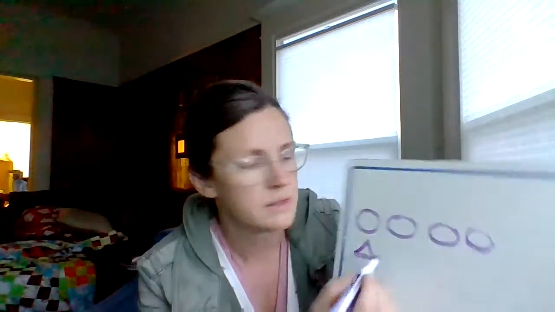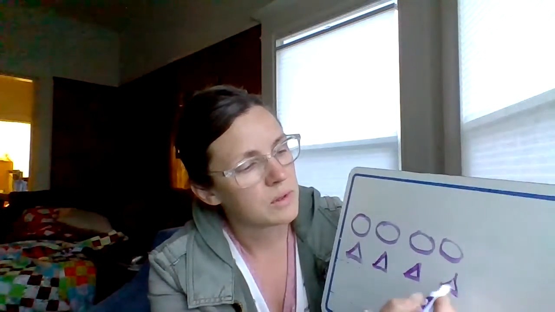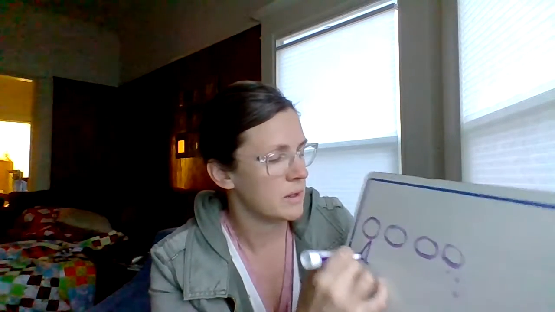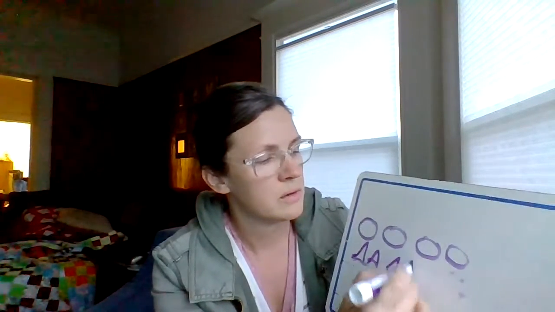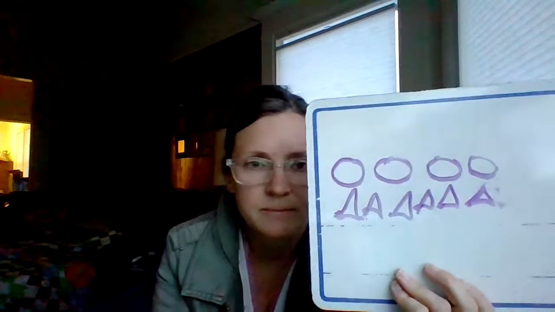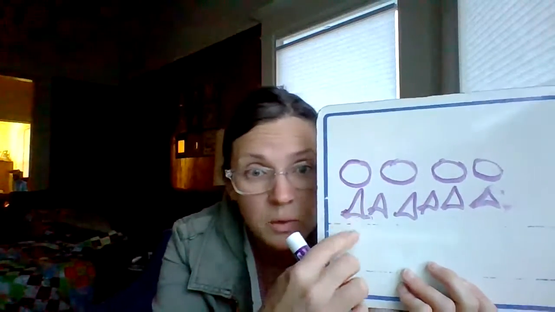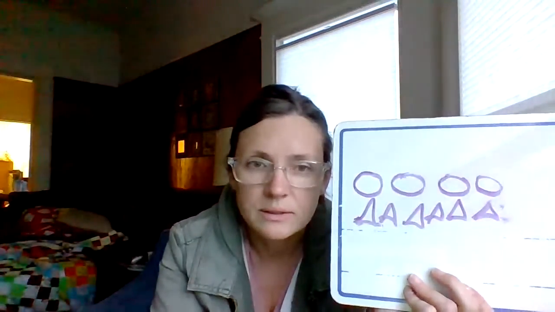Okay, I'm going to do it wrong, and you tell me what I'm doing wrong. 1, 2, 3, 4, 5, 6. What did I do wrong? There's 6. There are 4 circles. 1, 2, 3, 4. What did I do wrong?